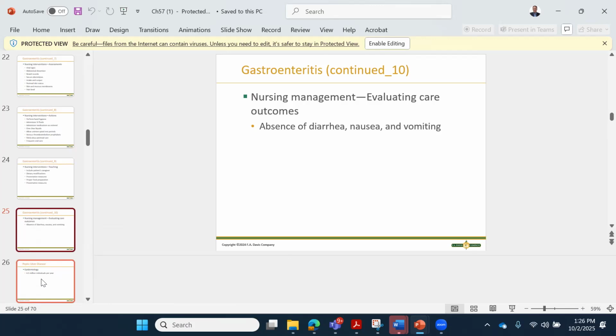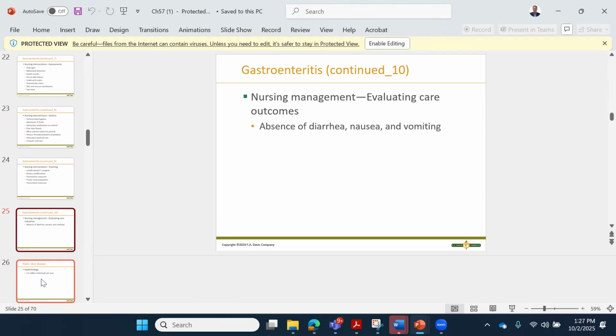And some students are continuing to have issues as it relates to being able to differentiate what are expected versus unexpected findings based on where you are in the nursing process when you're answering a question.